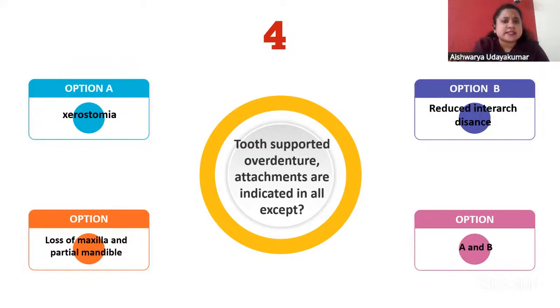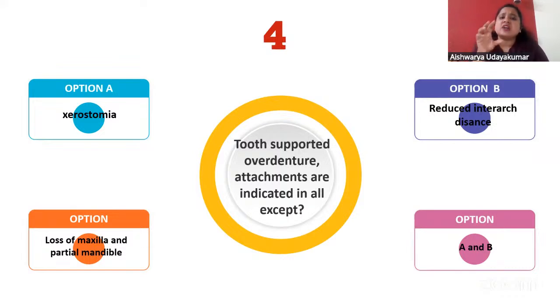Now, when there are teeth, and if the patient has xerostomia, you can see that the rate of oral prophylaxis can be less. The rate of caries can be more. That way, a tooth-supported overdenture cannot be given without correcting xerostomia. Second, reduced interarch distance. Reduced interarch space means a patient will have limited space between the arches.